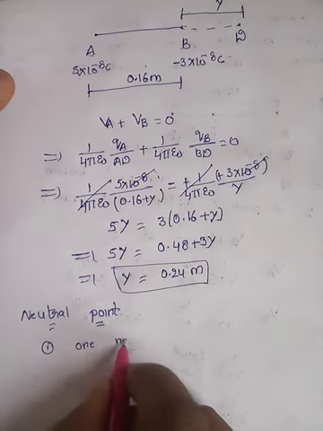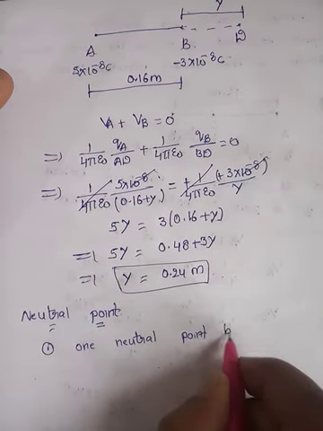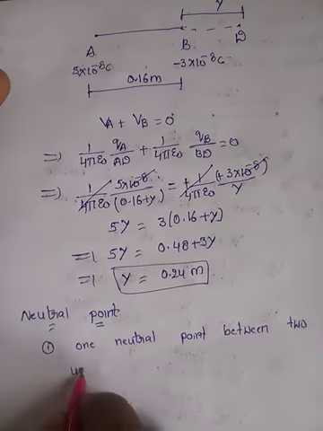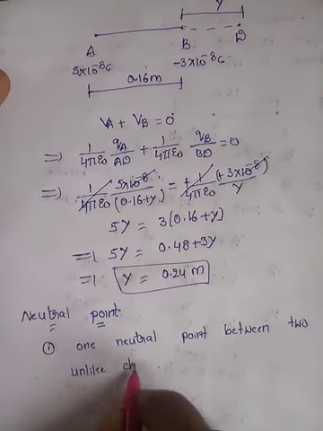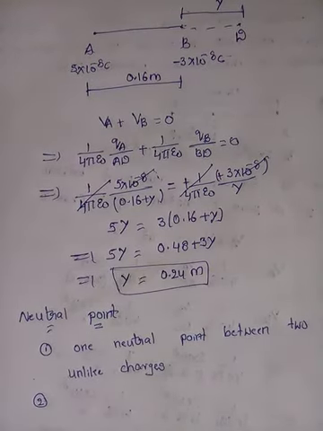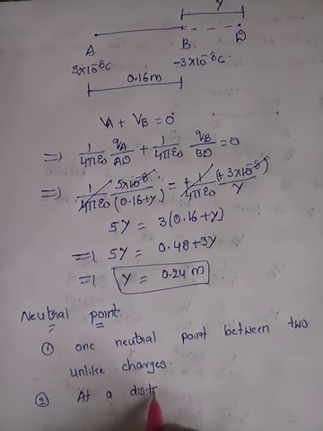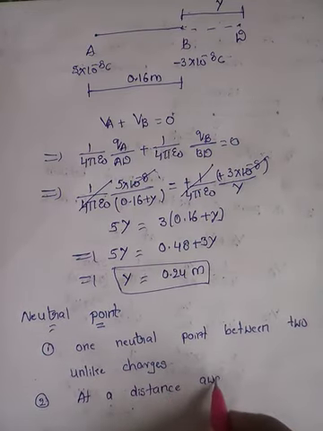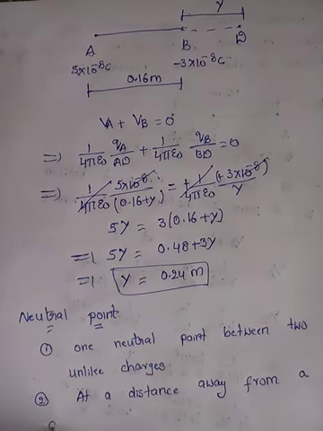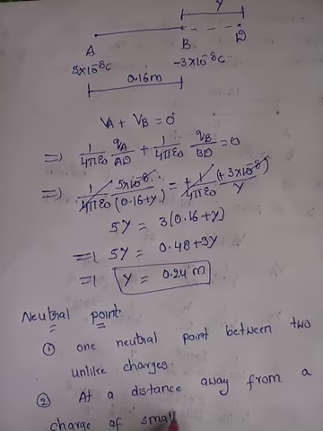One neutral point between two unlike charges we get, and the second neutral point we get at a distance away from a charge of small magnitude.